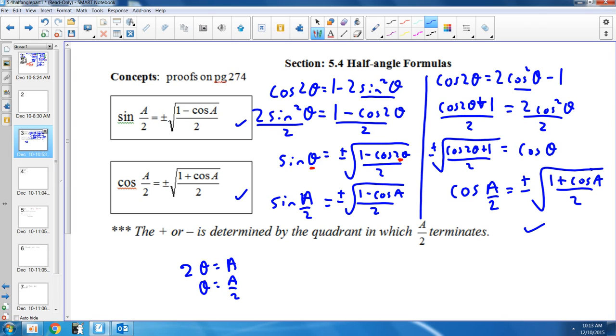And again, this plus or minus is not like what you've seen before. If you had x squared equals 9 and x is equal to plus or minus 3, what this plus or minus means is that both 3 and negative 3 satisfy the equation. You put them in, they work. So that means that really x can equal negative 3 and x can equal 3.